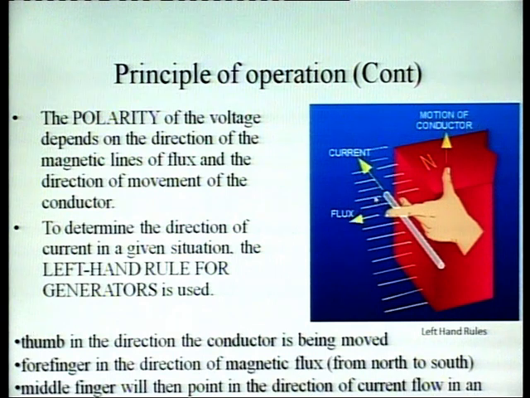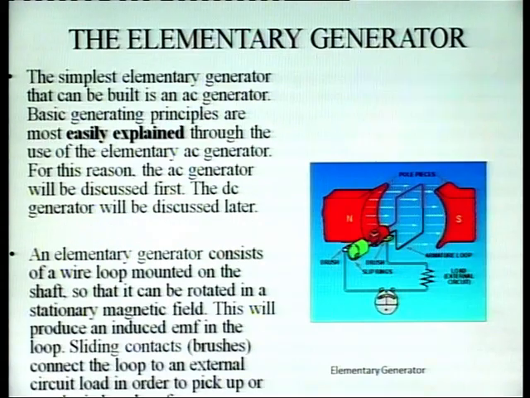So, with the help of this left hand rule we can know the direction of current. Thumb in the direction the conductor is being moved, forefinger in the direction of magnetic flux, middle finger will point in the direction of current flow in the external circuit to which the voltage is applied.